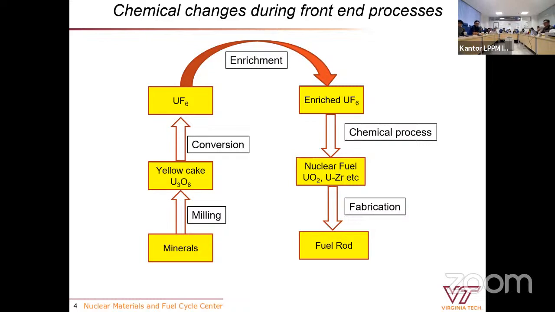But for the fuel at the very beginning, we make it UF4. It's a little more stable than UF3 in the salt. If UF3, it can become UF4 and uranium metal in the salt.